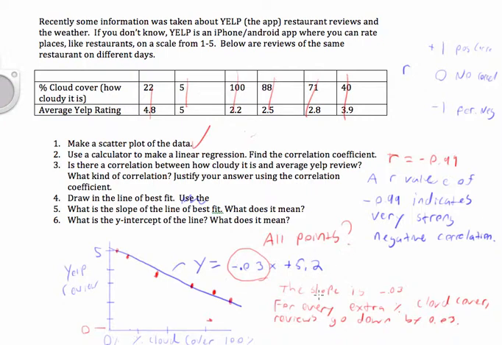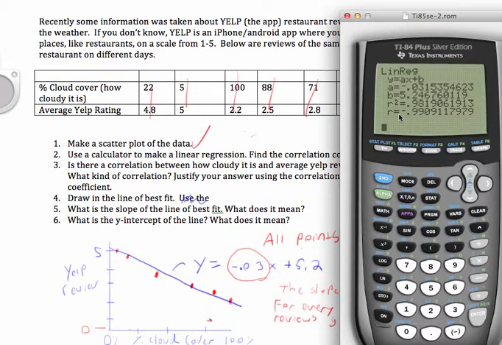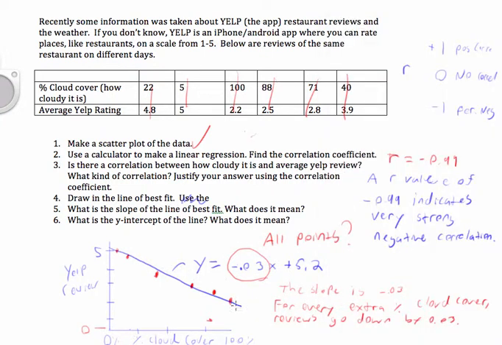Well, our y-intercept is our b value, 5.2. What that means is, again, this is our y-axis, and I'm going to redraw this line in green, and here's our y-axis.